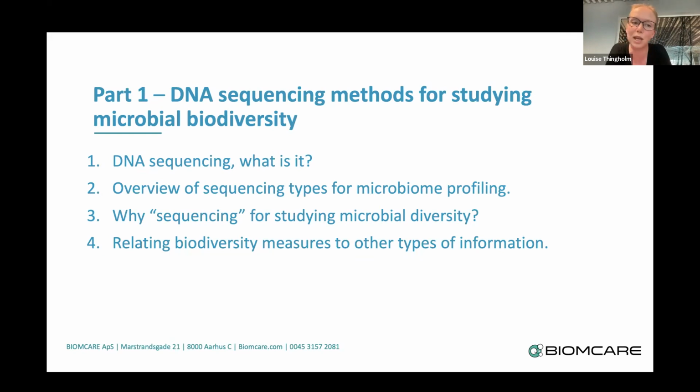So I'd like to share what that means. I'll tell you what it is, give you a short overview of the different types of DNA sequencing that can be used, why it's good for studying microbial biodiversity, and how you can relate this to other information about your samples, which can make DNA sequencing even more informative than other types of methods that you can use.